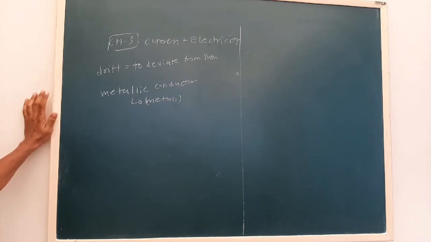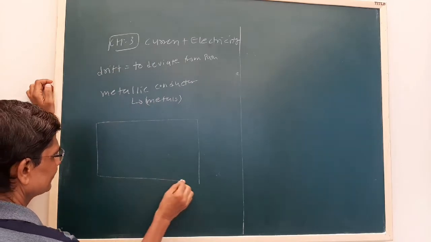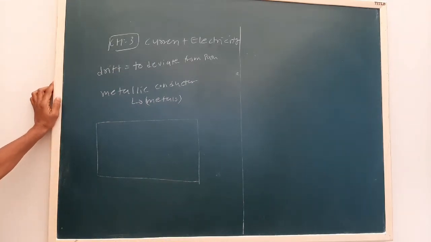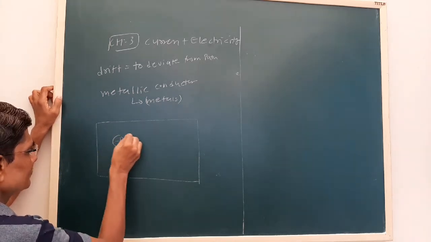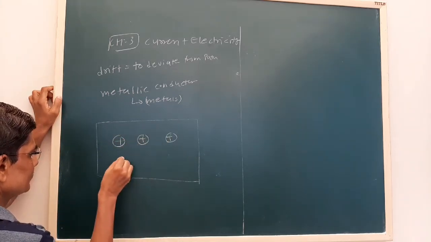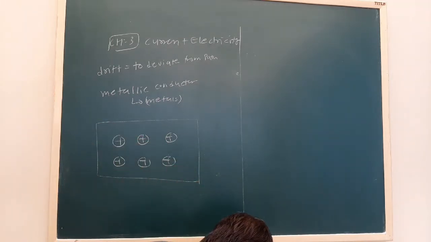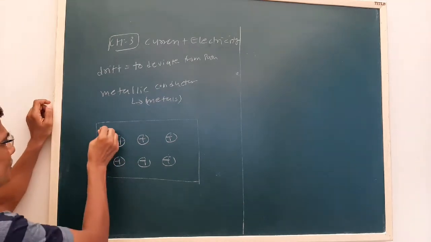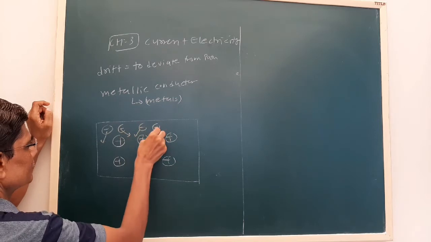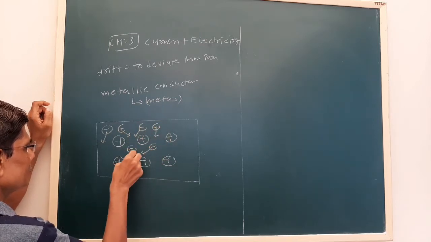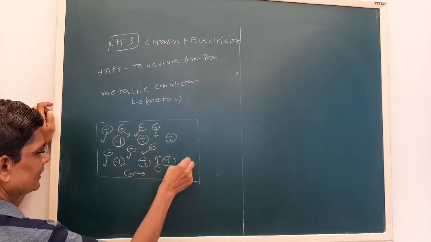Now, we have studied in the 11th standard the structure of metals. In metals, the positive charge is in a fixed condition, that we call the lattice, and electrons are moving randomly in the space between them. We also know that in 1 mole the number of electrons or charge carriers is very large.